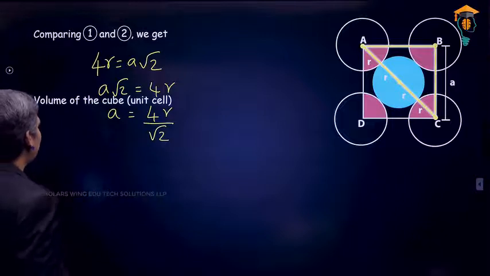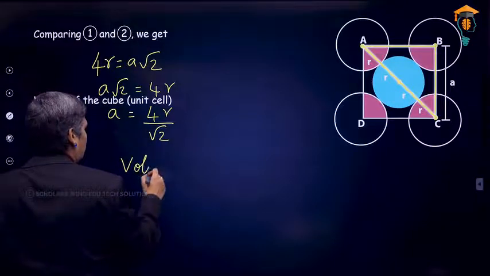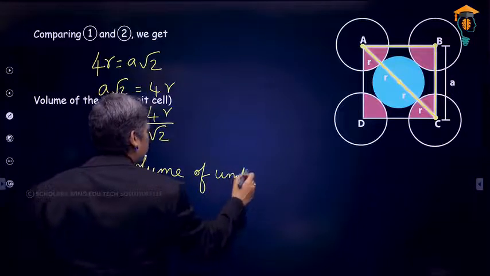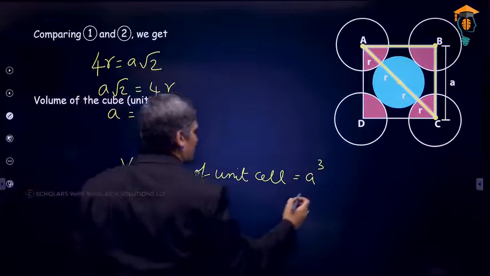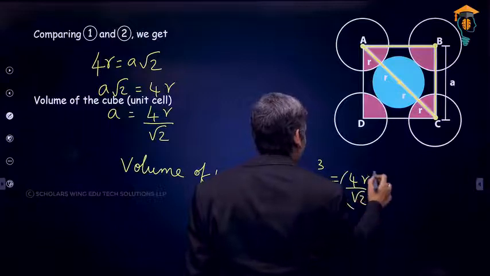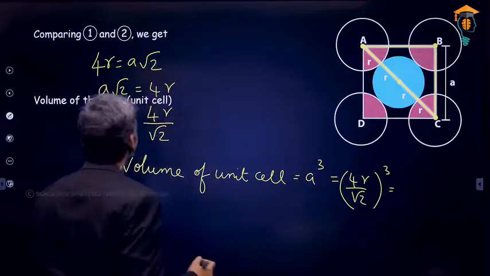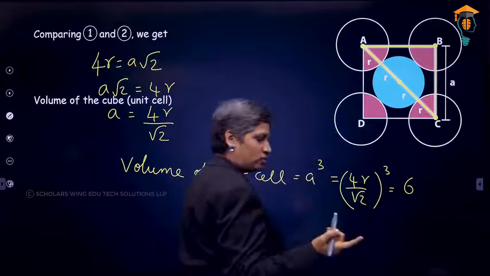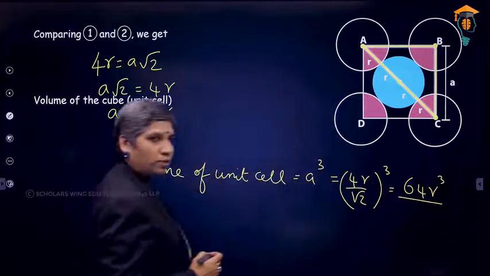But what is the volume of the cube? Right? So, volume of the cube will be A cube, which means the unit cell. In place of A cube, what can I write now? 4R by root 2 whole cube. That is nothing but 64 R cube by, what is root 2 whole cube now?